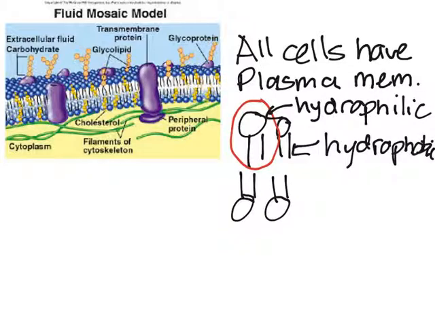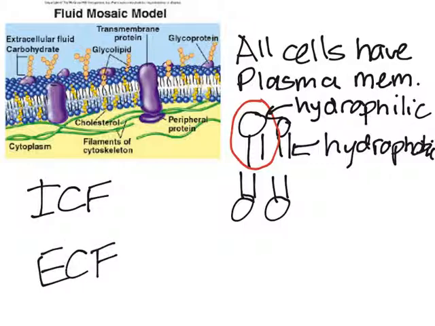And so essentially the plasma membrane separates the cytoplasm from the external environment of the cell. So it separates the intracellular fluid, which is commonly known as ICF, from the ECF, which is extracellular fluid, the stuff located outside of the cell.